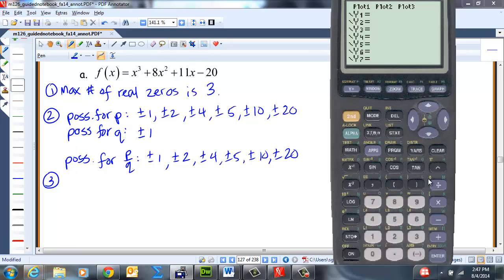So it was x cubed plus 8x squared plus 11x minus 20, and we graph.